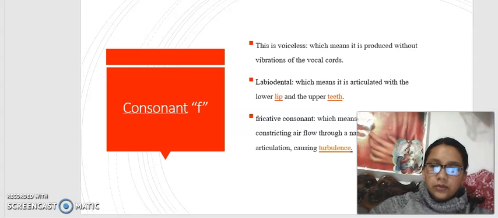Labiodental is the other feature, which means it is articulated with the lower lip and the upper teeth. And finally, this consonant is fricative, which means it is produced by constricting air flow through a narrow channel at the place of articulation, causing turbulence.